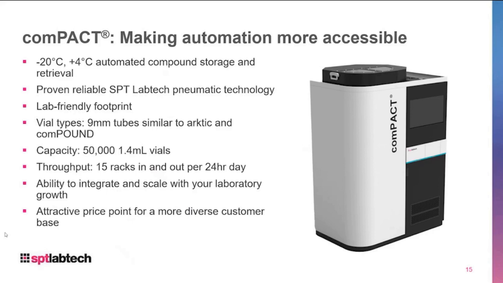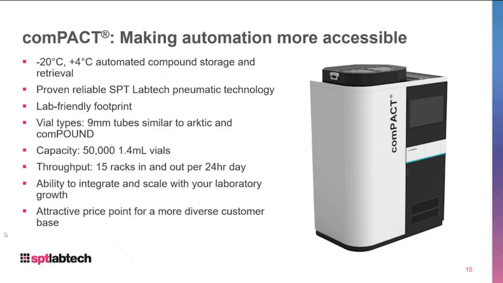Still 9mm vial types, similar to Arctic and Compound. Around 50,000 1.4 mil vials is the capacity on that side. For the smaller vials, we have a scaling capacity. And the throughput, we can still match quite good throughputs for the compound management customer on the lower end, where you're working with quite a few racks per day, at around 15 racks in, 15 racks out per day.